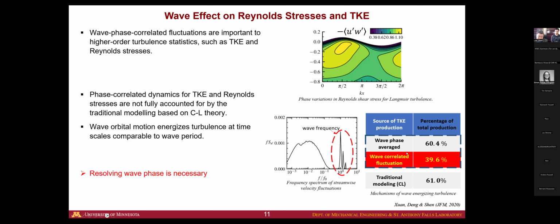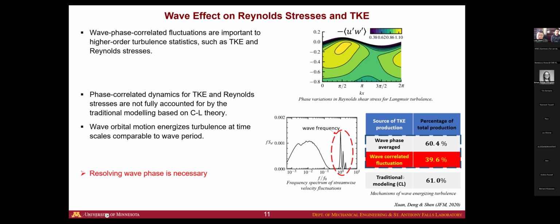The table on the right shows the TKE energy production. The large, slow scales account for about 60% of the energy production to TKE. Meanwhile, the sub-wave scales contribute about 40%, and those are the things missed in the past.